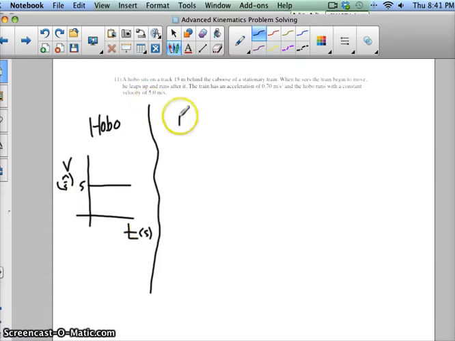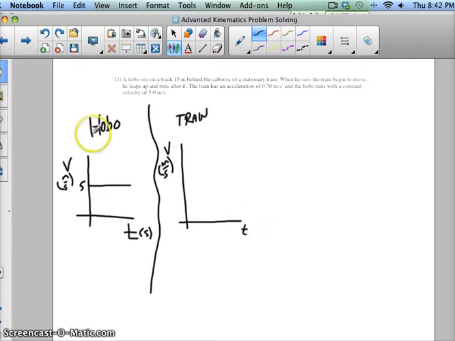The train is actually a constant acceleration, and the train is speeding up in a positive direction, let's say. So we've got the train starting from rest and speeding up, right?